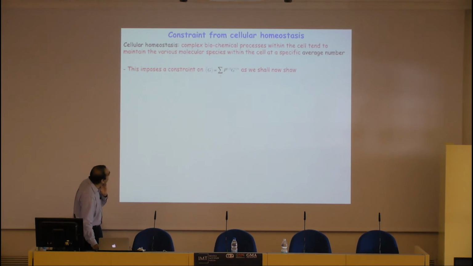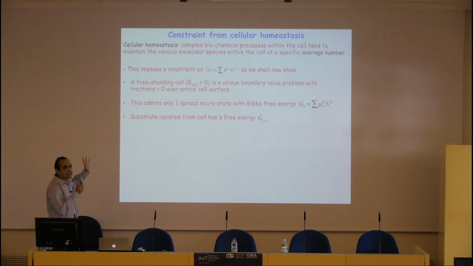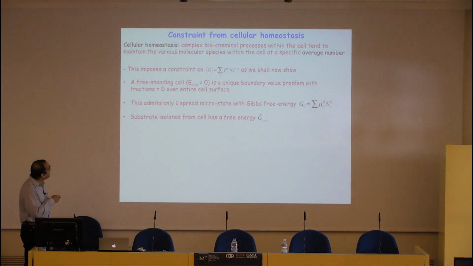So let's think of a freestanding cell, i.e. a cell in free space. A cell in suspension, basically, which is E sub s equal to 0. Now, this is a unique boundary value problem, and it would say that the tractions over the entire cell are equal to 0. It's freestanding, basically, and that would admit only one single solution.